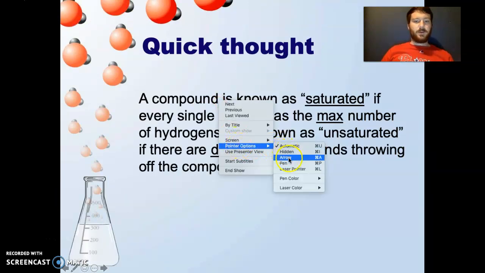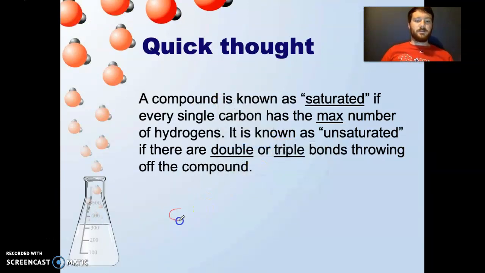Let's take out our pointer. C2H6 is saturated. It has a max amount of hydrogens for the carbon. You can't add another hydrogen here. That's a crime. Now it has 5 bonds. You can't have 5 bonds.